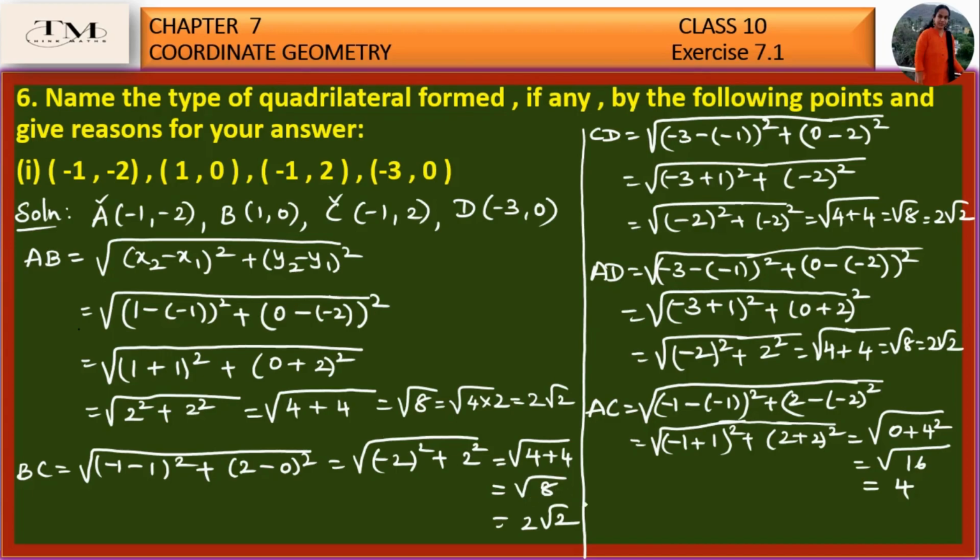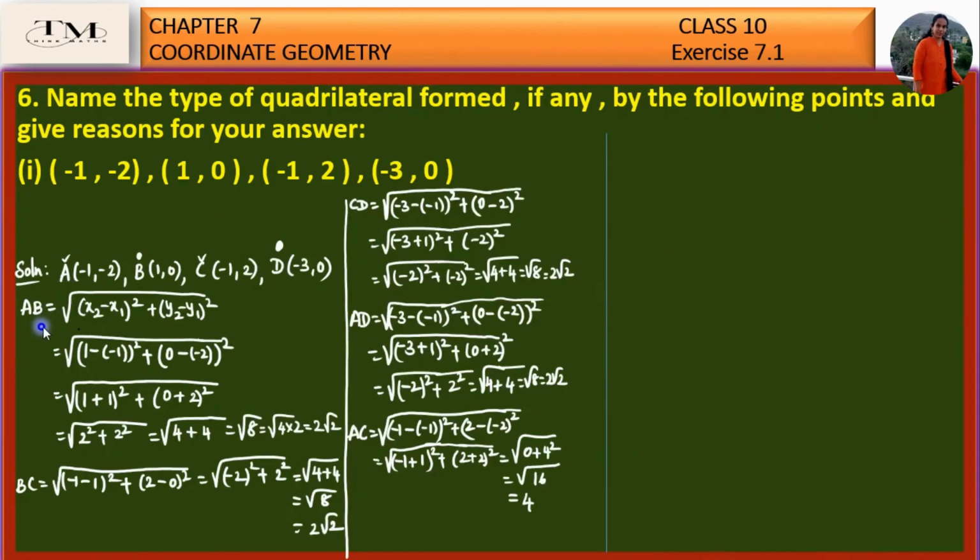Now what about BD? So far we found AB, BC, CD, AD and a diagonal AC. So next we have to find BD. So BD is equal to the square root of, this is B and D. So BD is nothing but x2 is minus 3 minus x1 is 1.